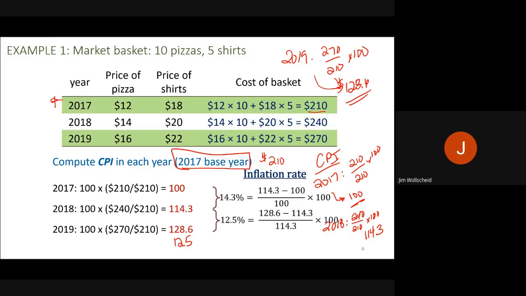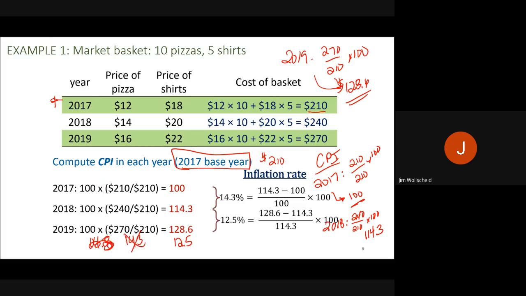Because I am that professor that will have on there the inflation rate for 2019 is 14.3. How did they come up with 14.3? Well, they just simply subtracted the two. And that is the wrong answer.